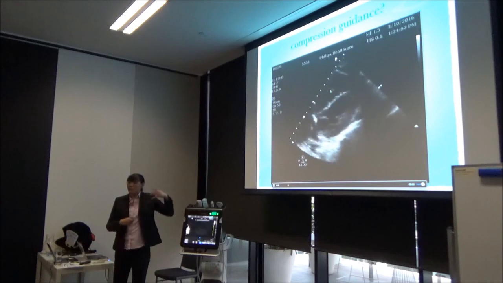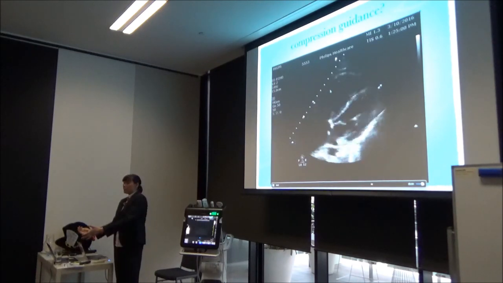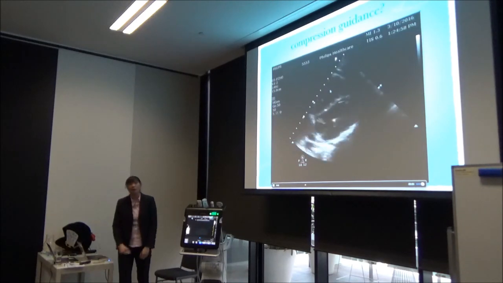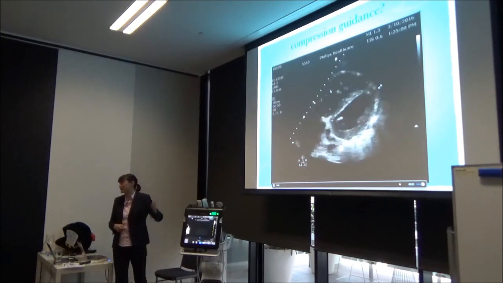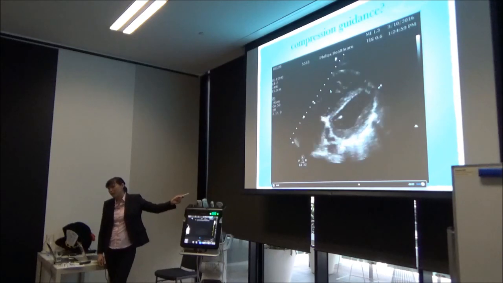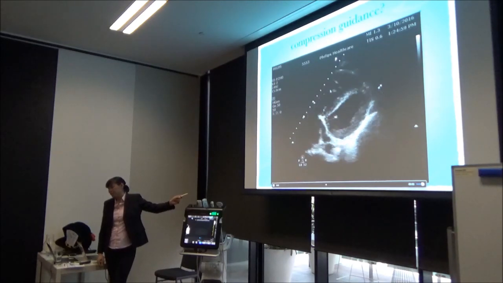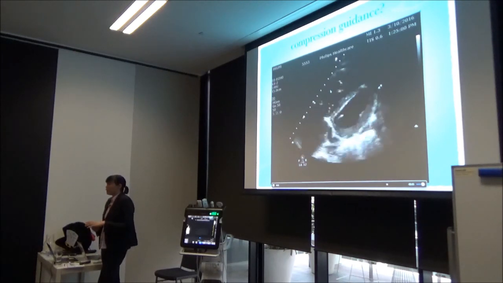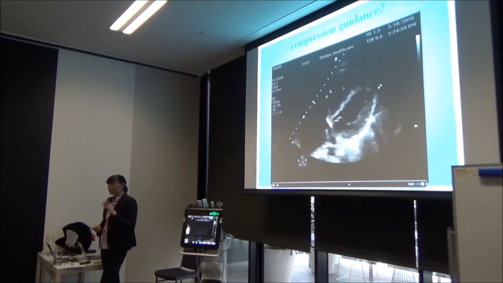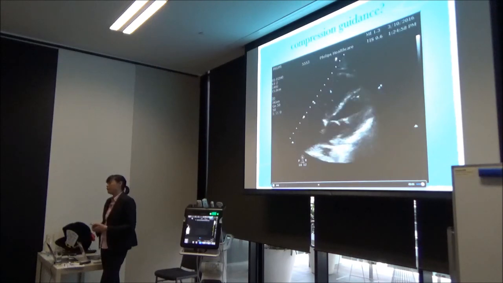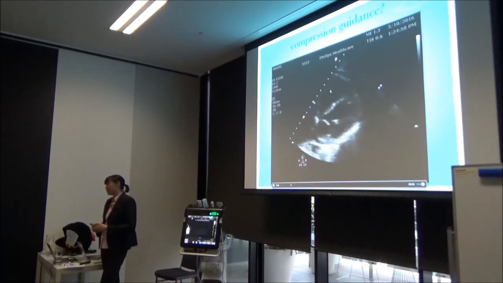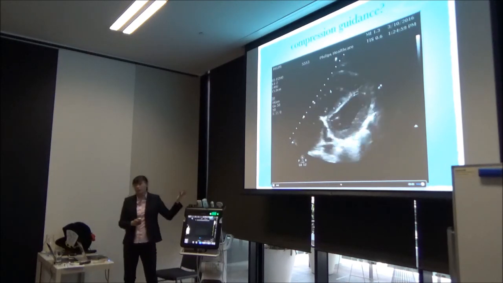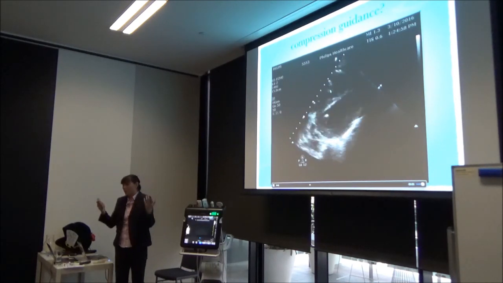So if I can do what we're trying to do with TOE with transthoracic echo, why not? You're not going to get pristine views. This is not a normal parasternal long view that you're used to seeing. But I have a feeling that as POCUS providers, we actually get really good at determining pathology off poor images, right? We get really good at that, and you just get it however you need to get it.